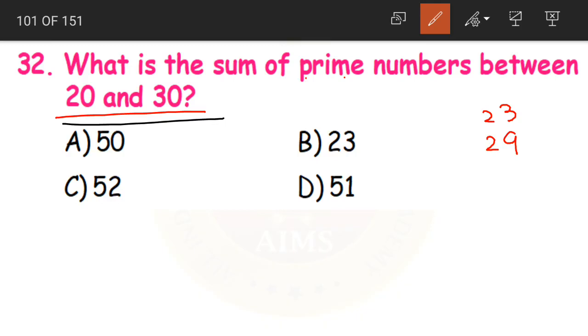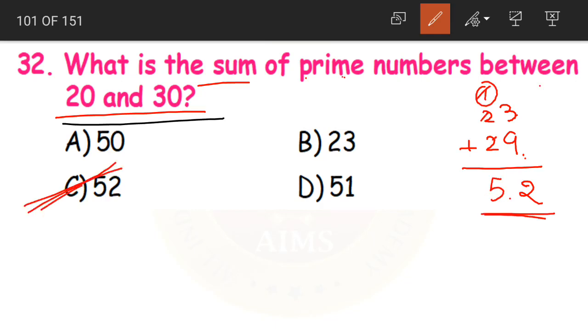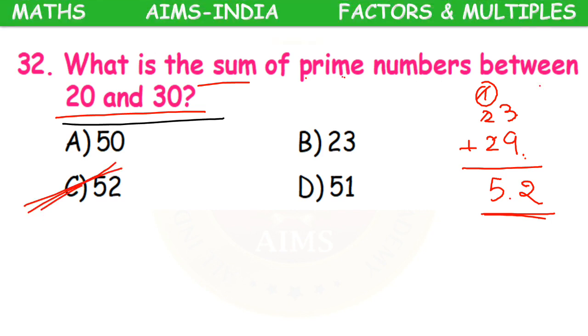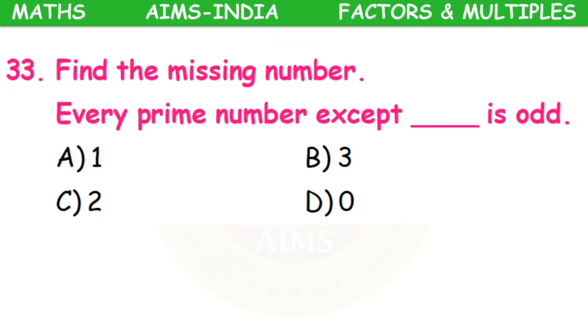We should find out the sum. So let us add: 3 plus 9, 12, 1 carried, 1 plus 2, 3, 3 plus 2, 5. So 52 is the sum of prime numbers between 20 and 30. Option C is our correct answer.